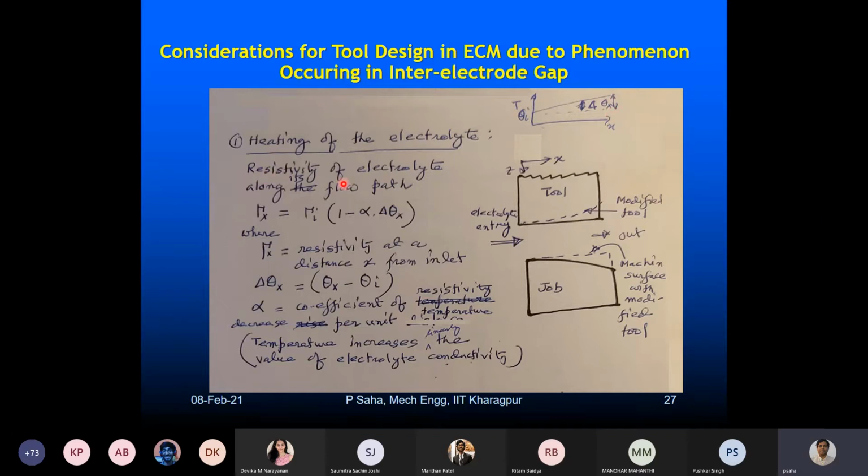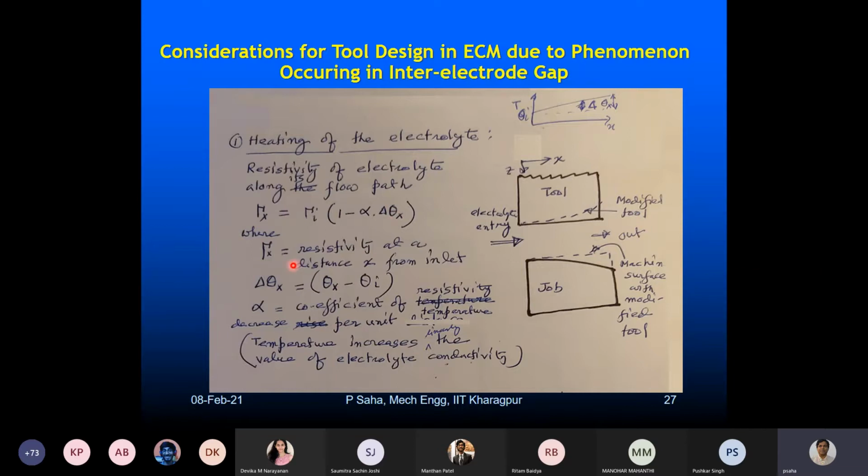Now, the resistivity of the electrolyte along its flow path: if we denote resistivity by gamma, then gamma x equals the resistivity at the inlet into (1 minus alpha into delta theta x). That is how, if the temperature increases, resistivity gets reduced.